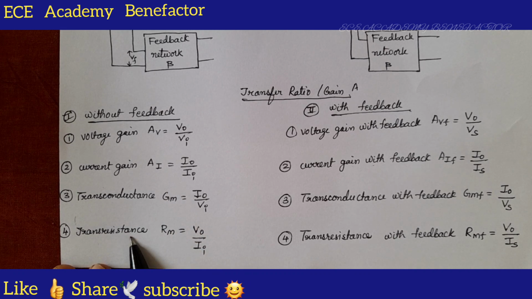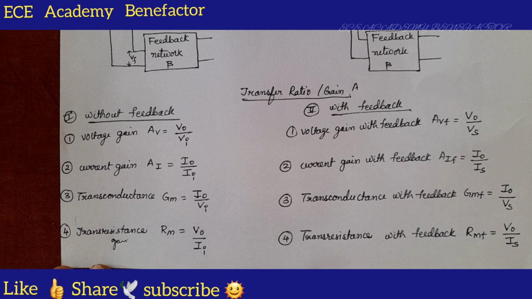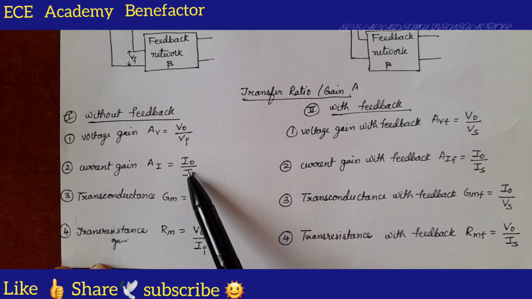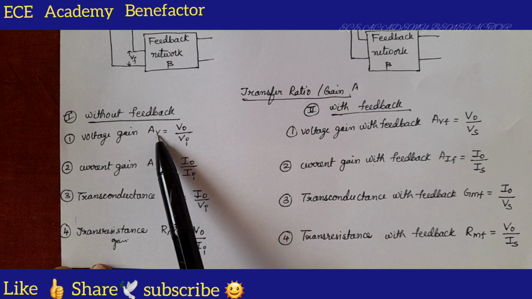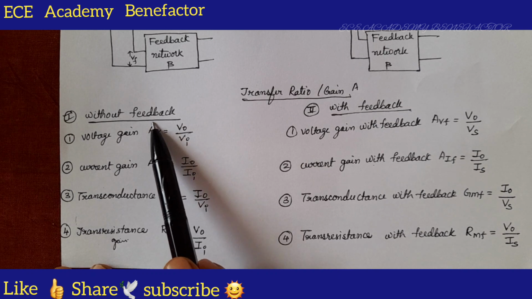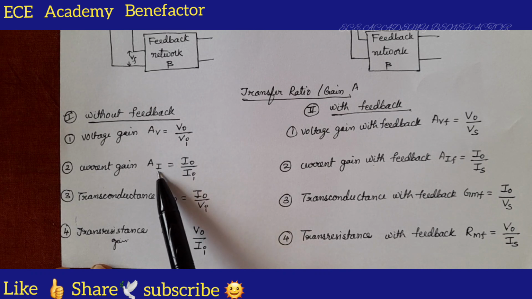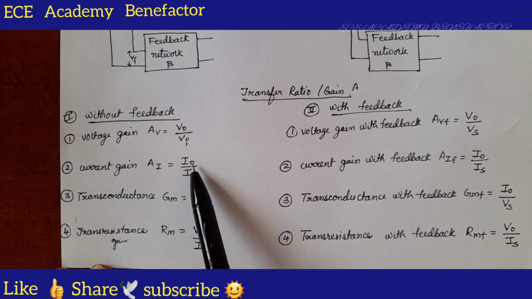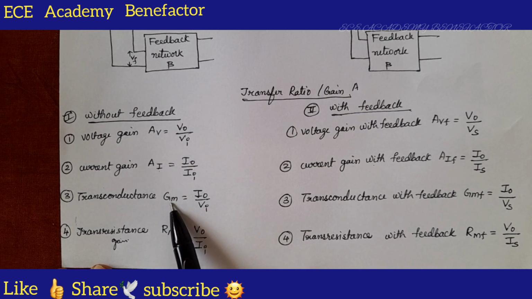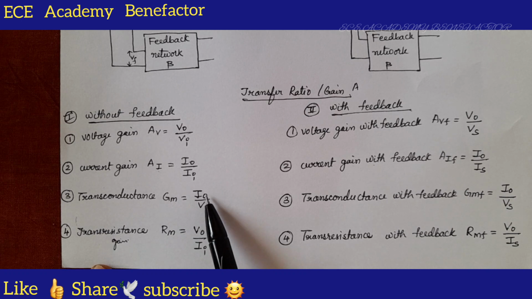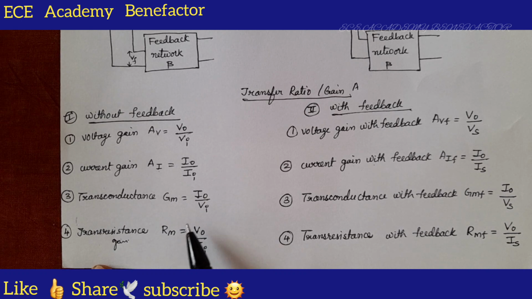For a trans resistance amplifier, the gain is RM, trans resistance. Without feedback, we use the symbol AV. AV is voltage gain without feedback, V0 by Vi, output by input. Current gain without feedback, I0 by Ii. GM, transconductance without feedback, I0 by Vi. Trans resistance RM is equal to V0 by Ii.